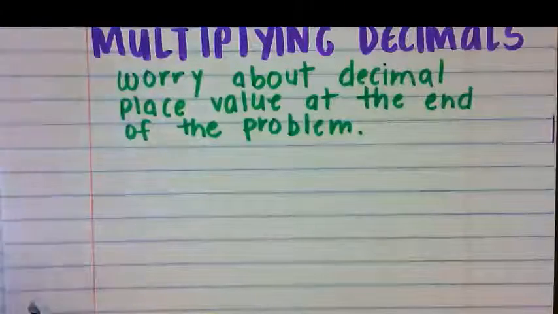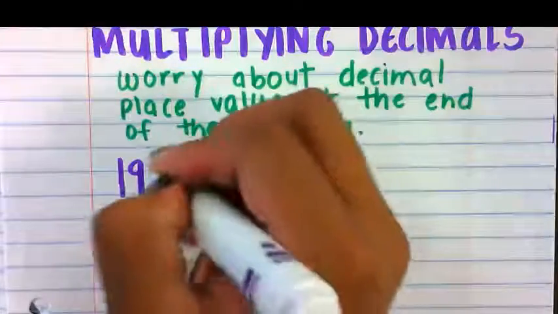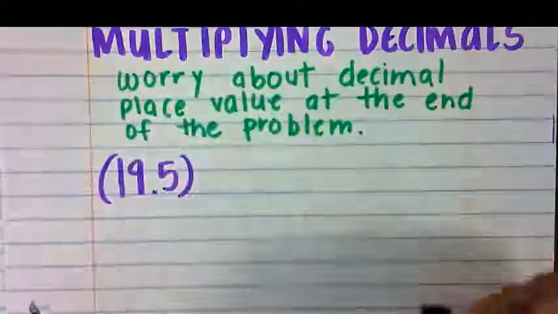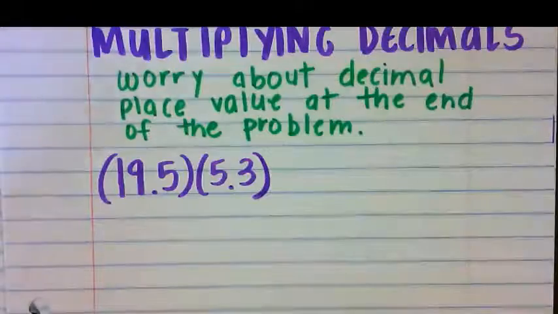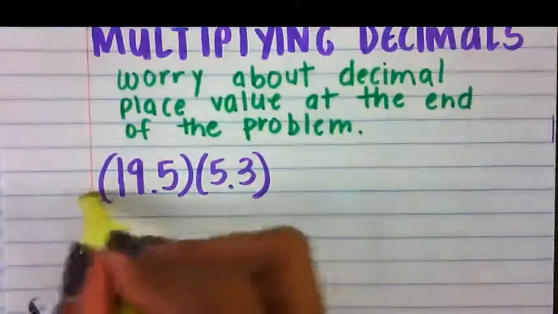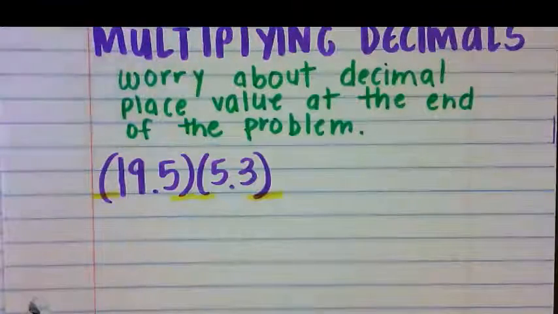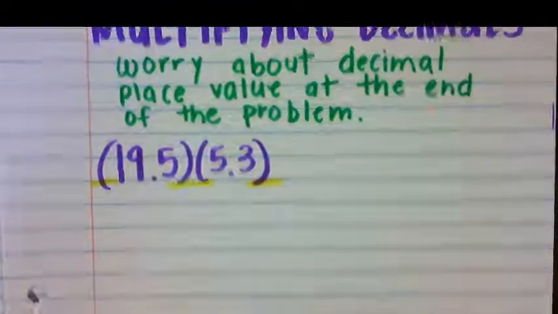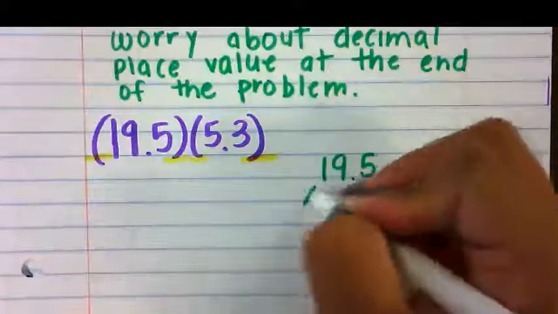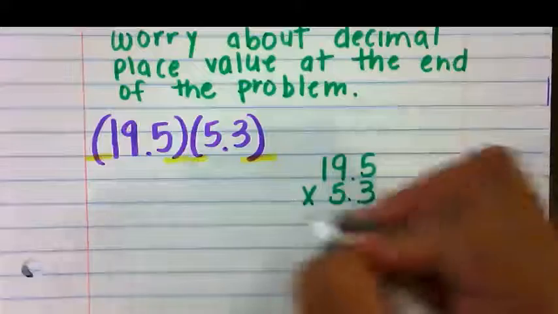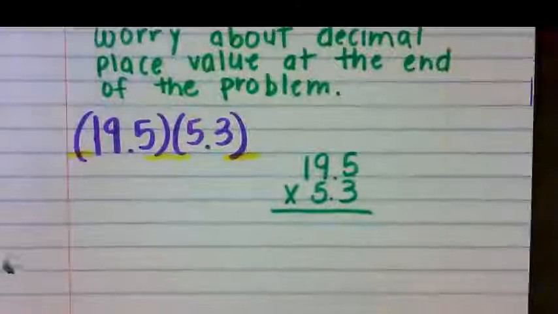I have, for my problem, 19.5 times 5.3. These parentheses here, all they mean is that we are multiplying. That's why they're next to each other. So I'm going to rewrite and multiply. 19.5 times 5.3. I do not have to line up my decimals. It just ended up working out that way.